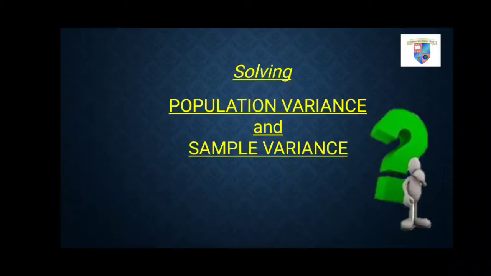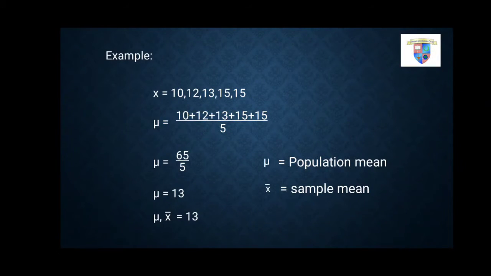So how to solve population variance and sample variance? We have here an example. So x is equal to 10, 12, 13, 15, and 15. In order to get the population mean, you have to add the series of values: 10 plus 12 plus 13 plus 15 plus 15, and you have to divide it by how many values there are.